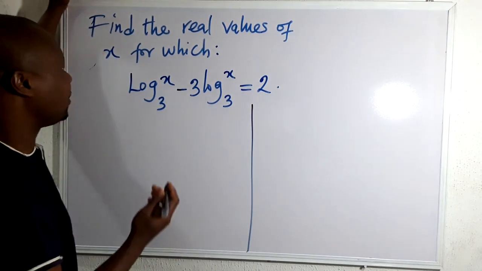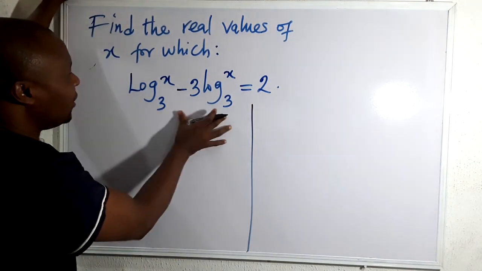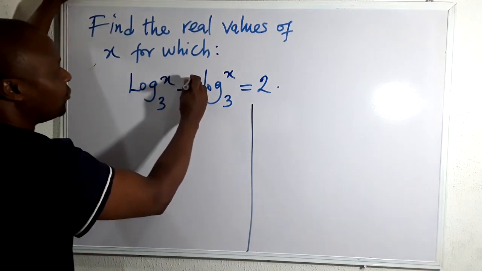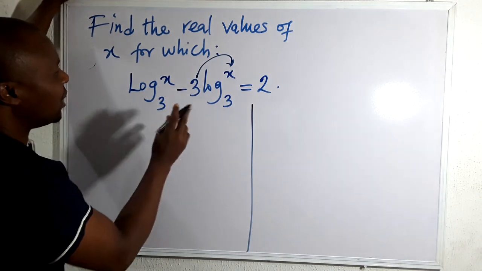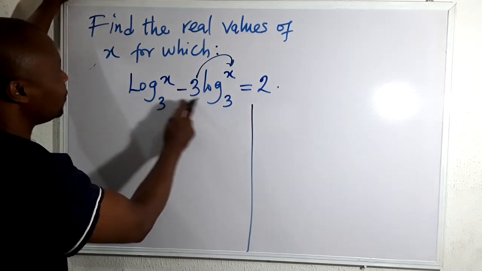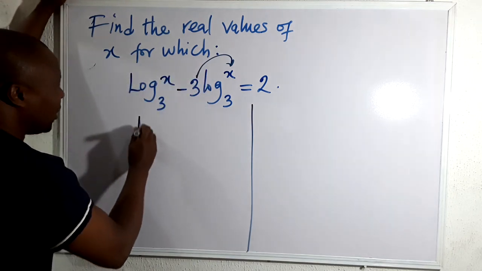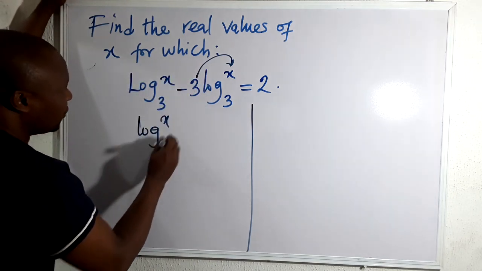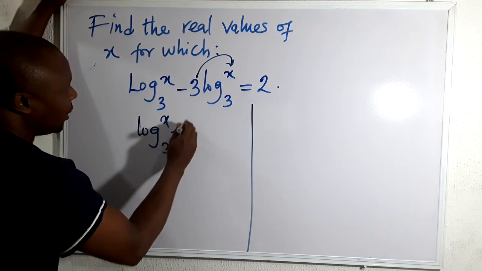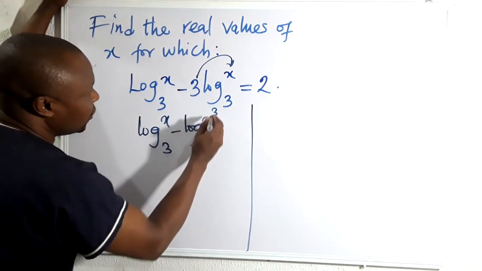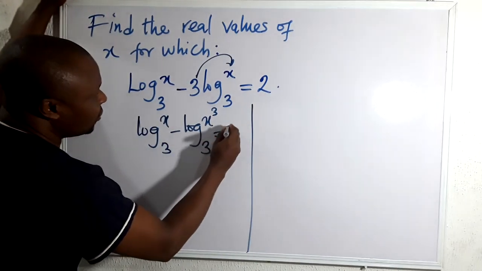So what we do is, before we apply the quotient law of logarithm, we have to ensure that the coefficient of the logs is 1. In doing that, we are going to have log x base 3 minus log x cubed to base 3 is equal to 2.